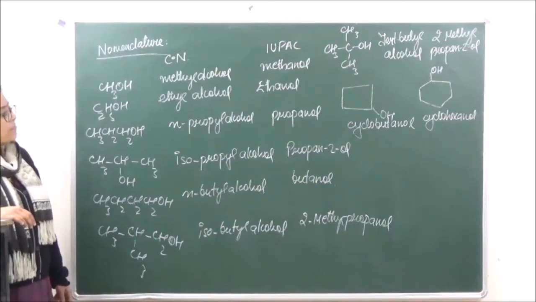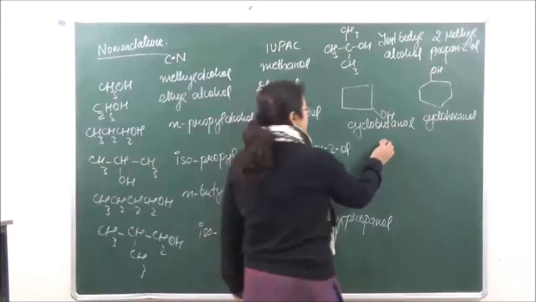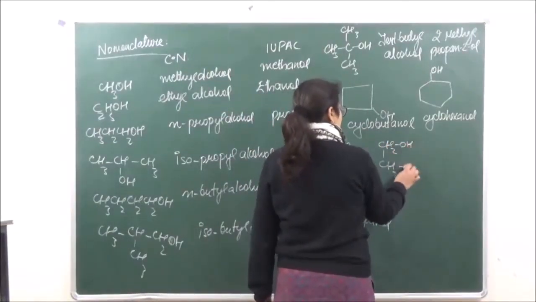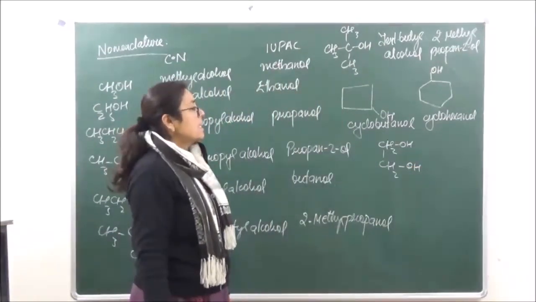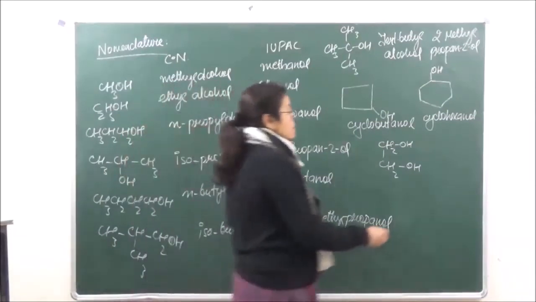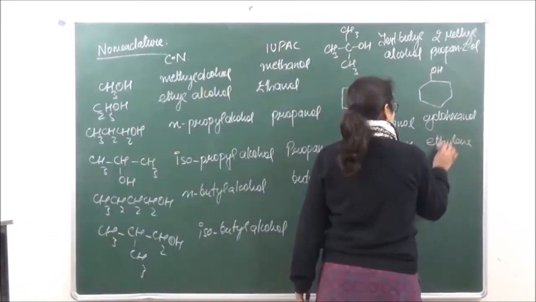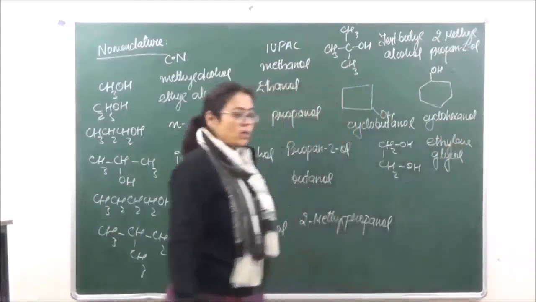Now if in case we have polyhydric alcohols, what does polyhydric alcohols mean? We have CH2OH, CH2OH, right? Otherwise, if you're looking at the common name, this is known as ethylene glycol.